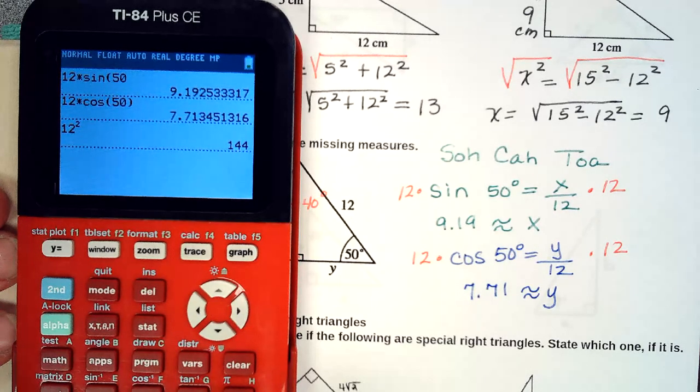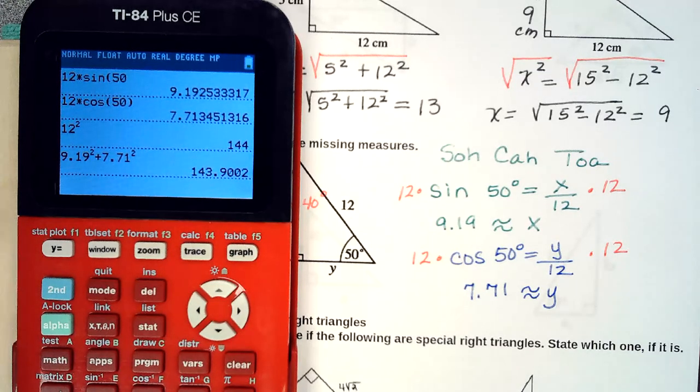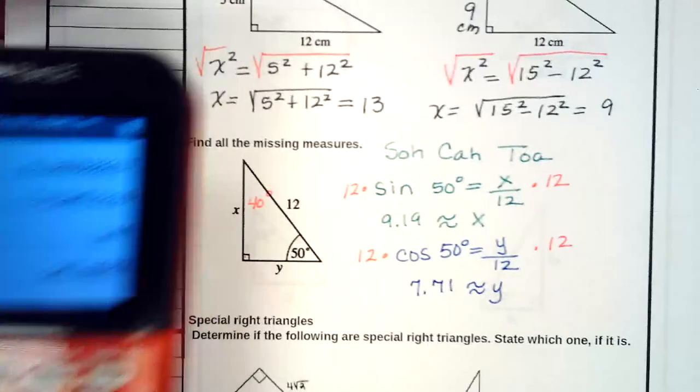So 9.19 squared plus 7.71 squared, and I end up with 143.9. So if I would have gone out to the nearest thousandths or ten-thousandths, I would have been a little bit closer, but this is pretty good for an approximation.